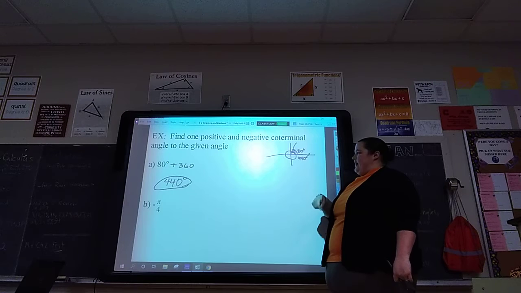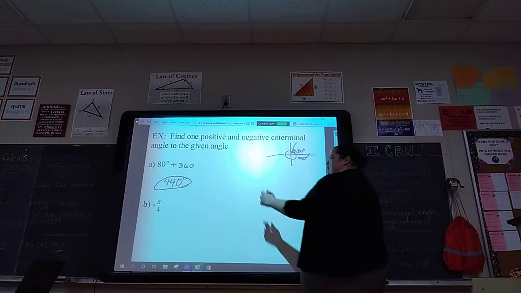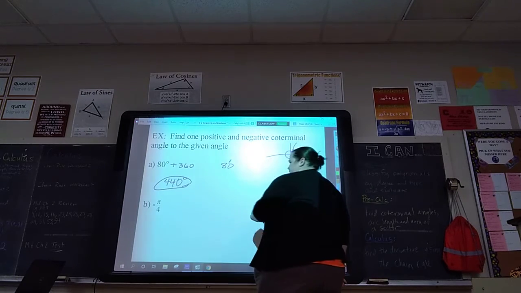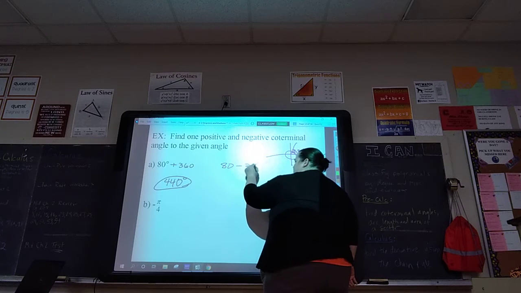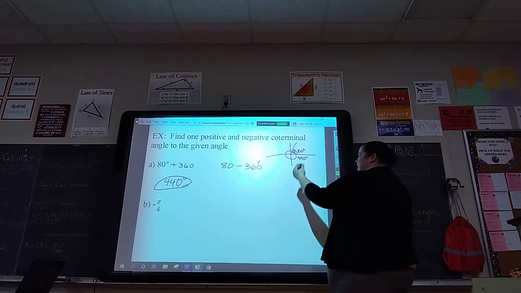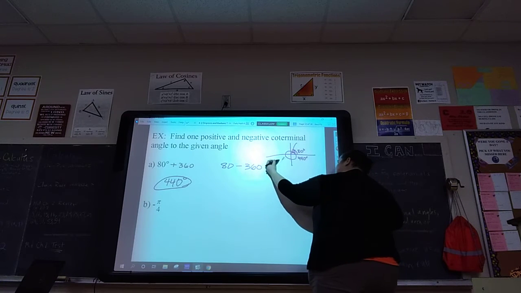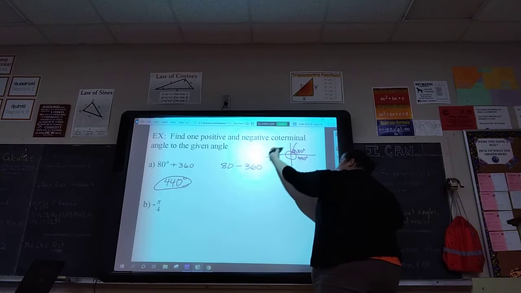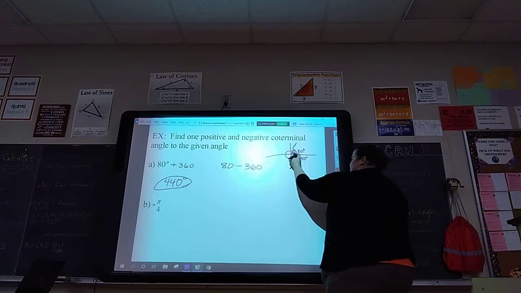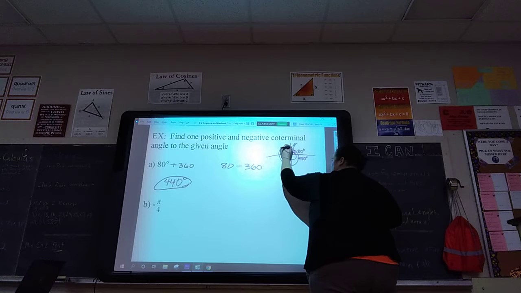And then I want to find a negative coterminal angle. So what can I do with my 80 degrees? I can subtract. Okay? What that'll give me is, instead of rotating counterclockwise, the negative gives us a clockwise rotation, to get from the initial side to that terminal side.